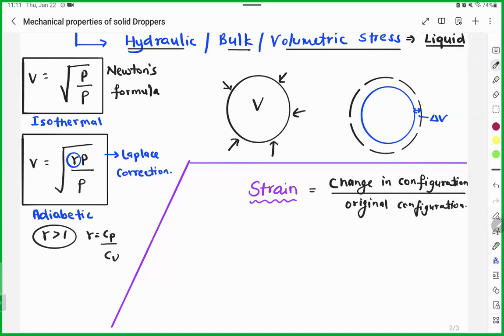So stress was the restoring force per unit area. Strain tells us the change, any kind of change.